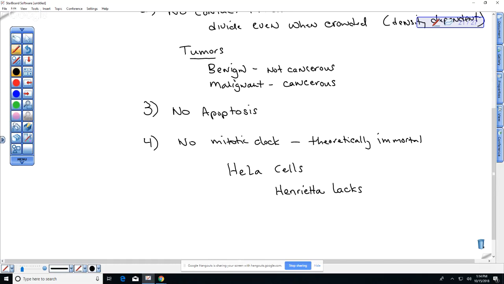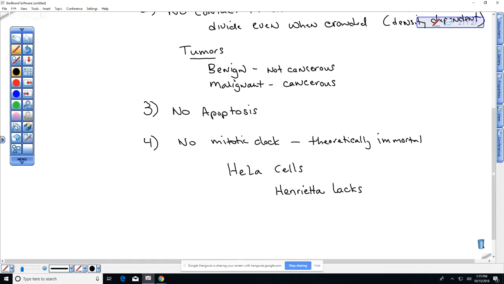Henrietta Lacks got cervical cancer, and she went to the Johns Hopkins hospital where she was treated for free. The way that they treated cervical cancer way back in the 1950s was that they actually used radium. We talk about radium because that's the isotope that emits radiation, right? They painted it on watches so that they could see the watches.